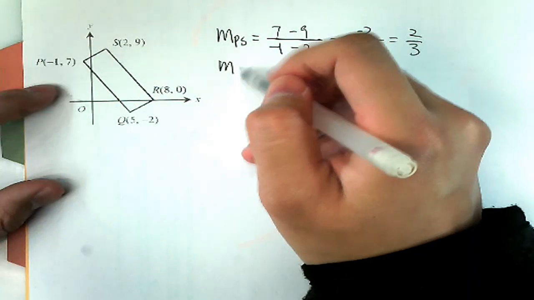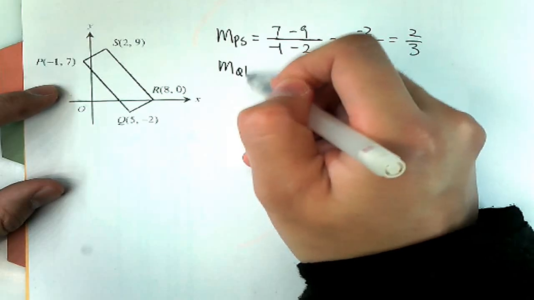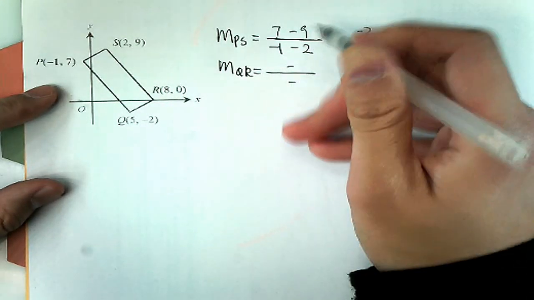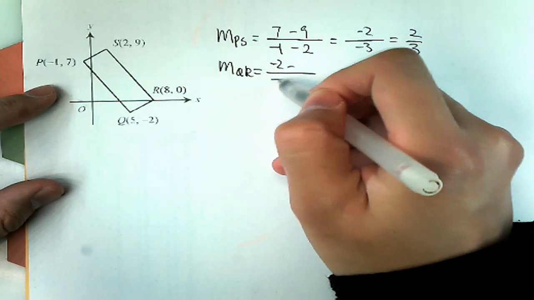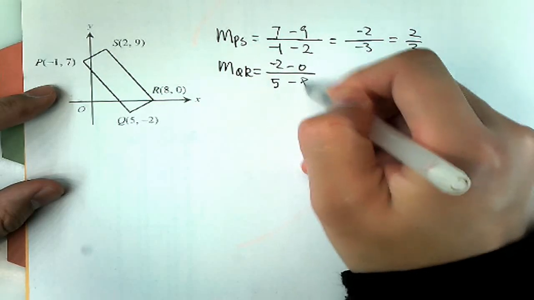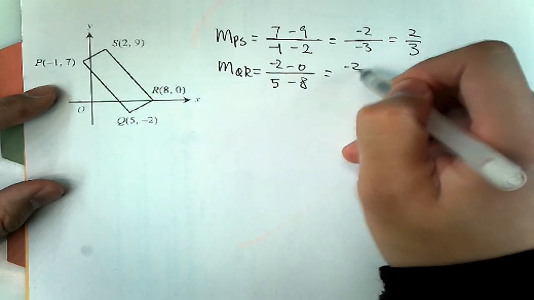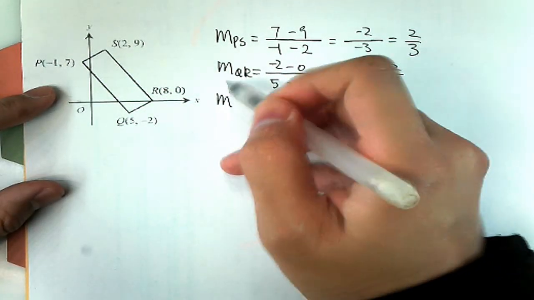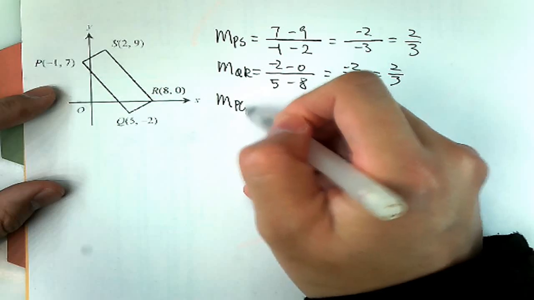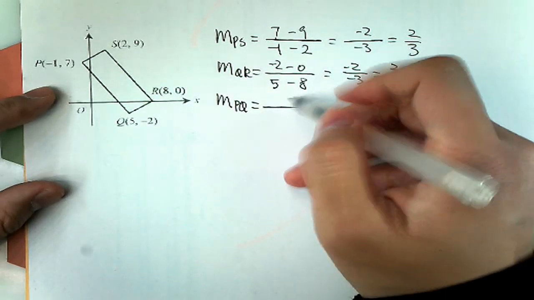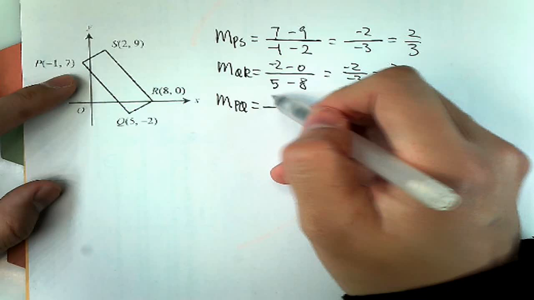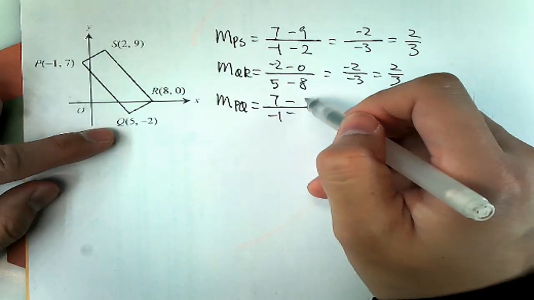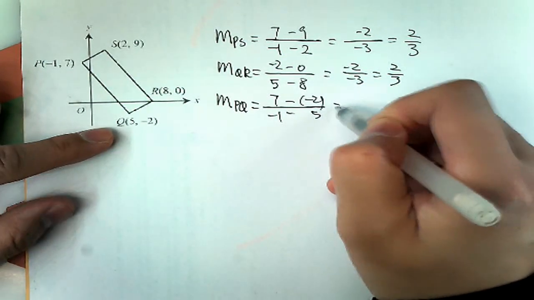Keep going, PS and then QR, okay, minus minus the same format, minus 2, 5, okay, 0, 8, so minus 2 here, minus 3 here, so 2 over 3. So keep going, calculate all the slopes first. So PQ here, okay, 7 minus 1, and then minus 2 and 5.